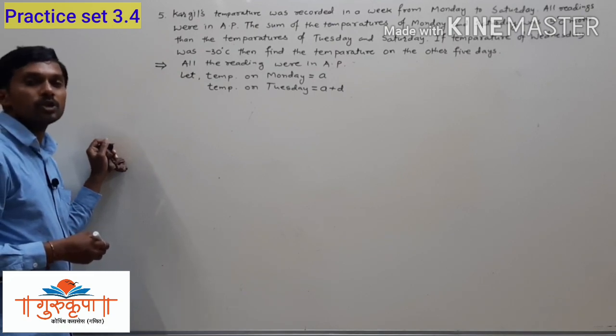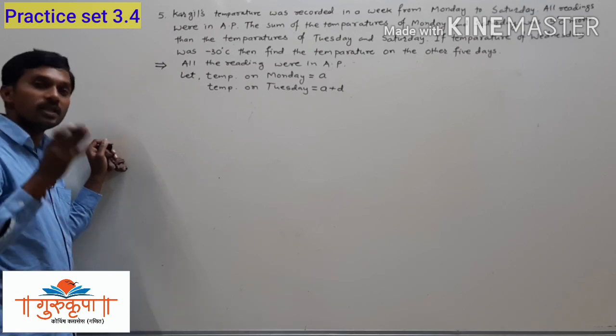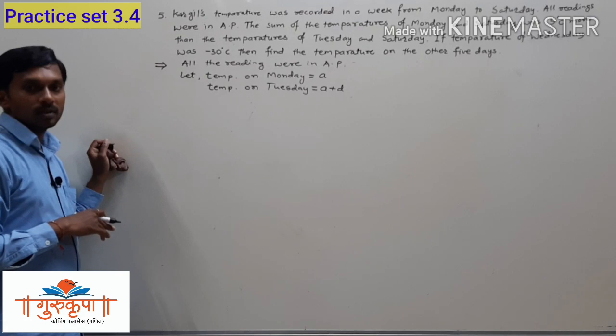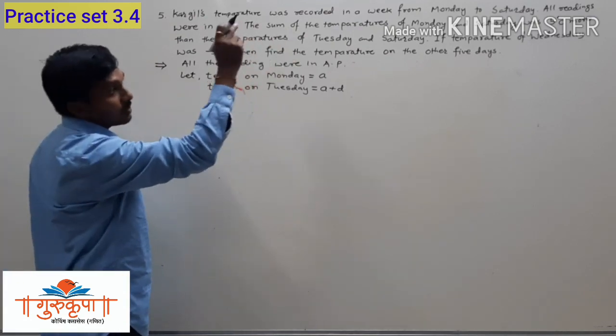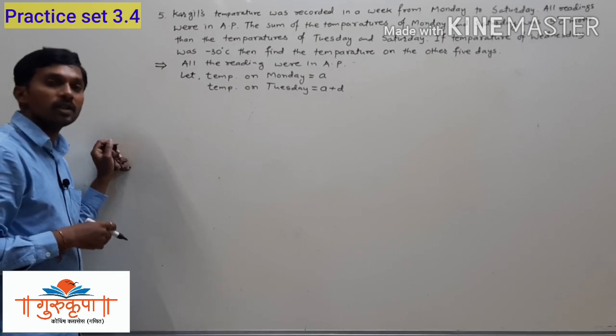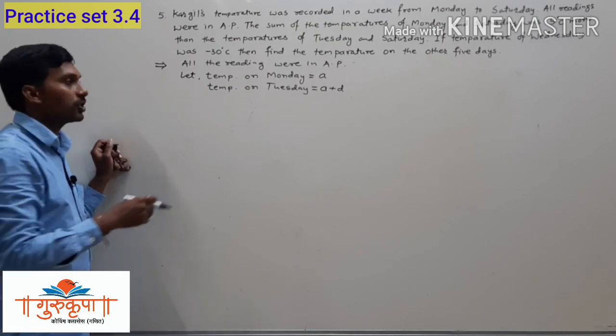We could not use the particular terms in an AP since there are 3, 4 and 5 terms only. So here we have given the information about the 6 terms in an AP, so we have to use the general representation of an AP.